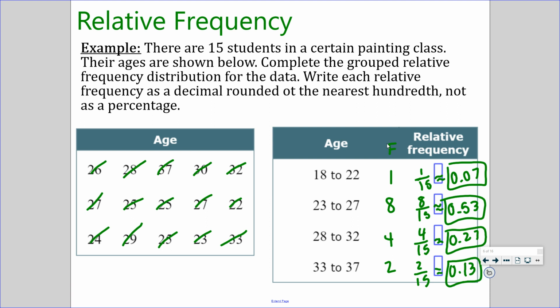If we represent the relative frequencies as a percentage, you could say 53% of your participants were ages 23 to 27. 53% of this age group, or of your population, was this age group.